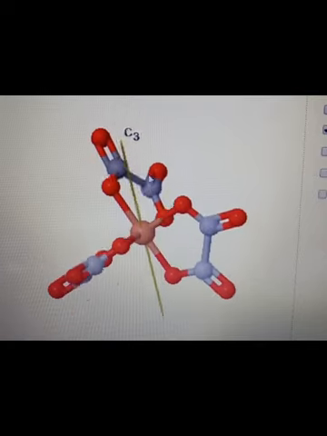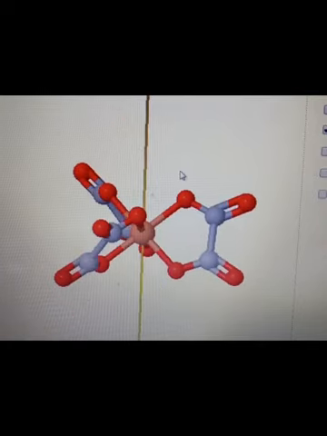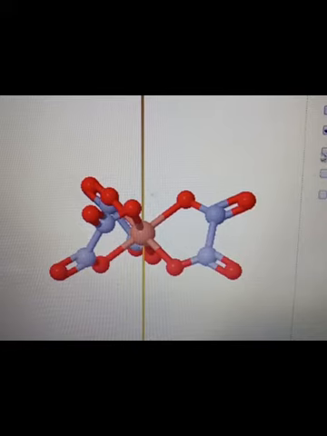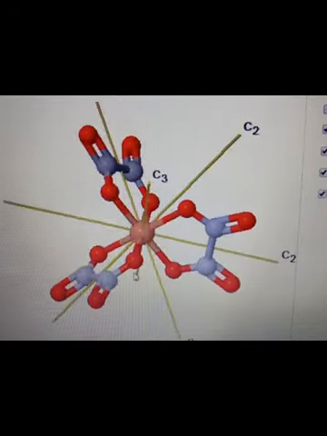Now the next thing is that it should have 3 C2s. They must be perpendicular to this. Now C3 is along this axis, so the C2s must be perpendicular to it, and 3 C2s are present like this.